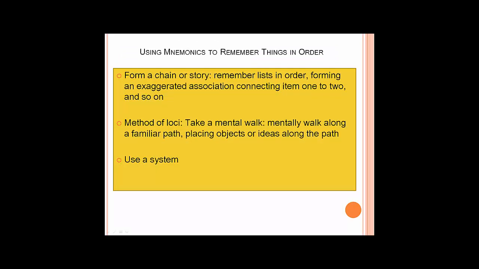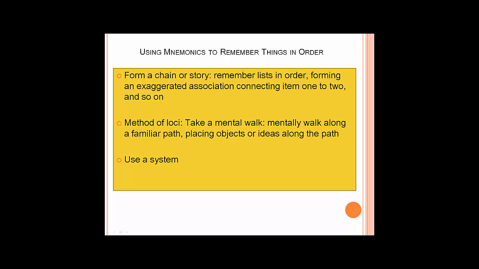We can also use mnemonics to remember things in order, like a chain or story, to remember lists in order, forming an exaggerated association connecting 1 to 2 and 2 to 3 and so on and so forth. It's an important thing to do, especially if you're trying to remember things in history, for example. Then there's also the method of loci, and loci is taking a mental walk.